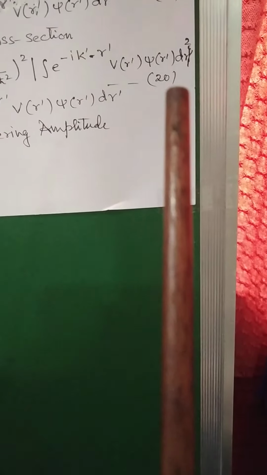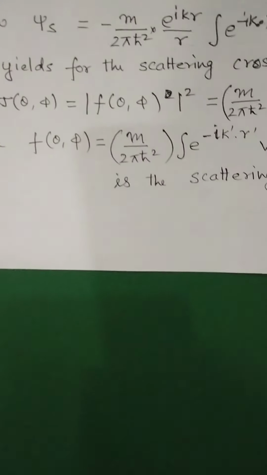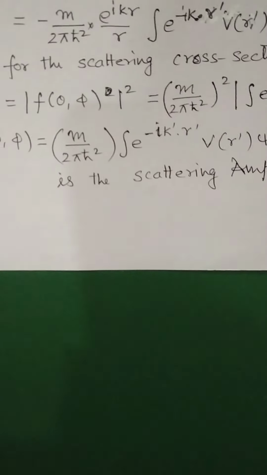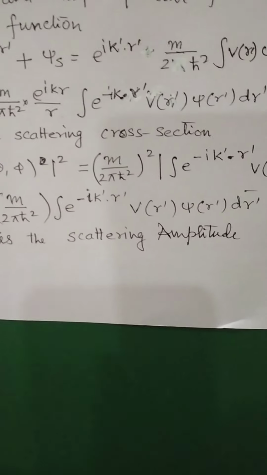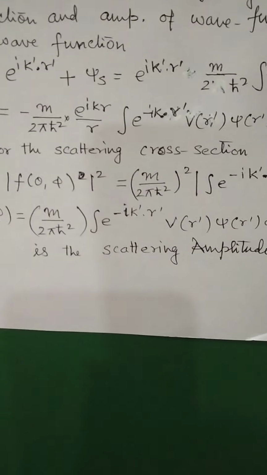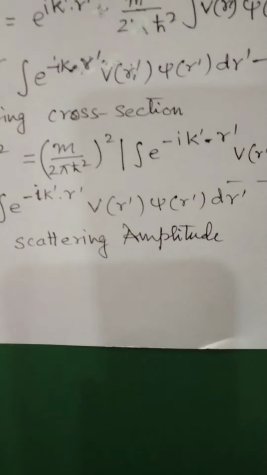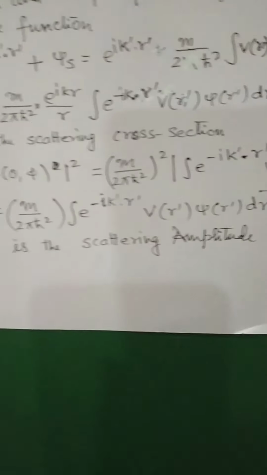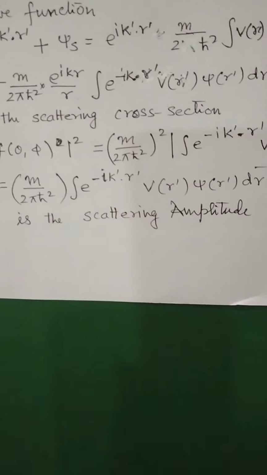Now this is represented by equation number 14, where f function of theta and phi is given by m upon 2 pi h cross square, integration of e raised to the power of iota k dash dot r dash multiplied by v function of r dash psi function of r dash d r dash. Now this is known as the scattering amplitude.